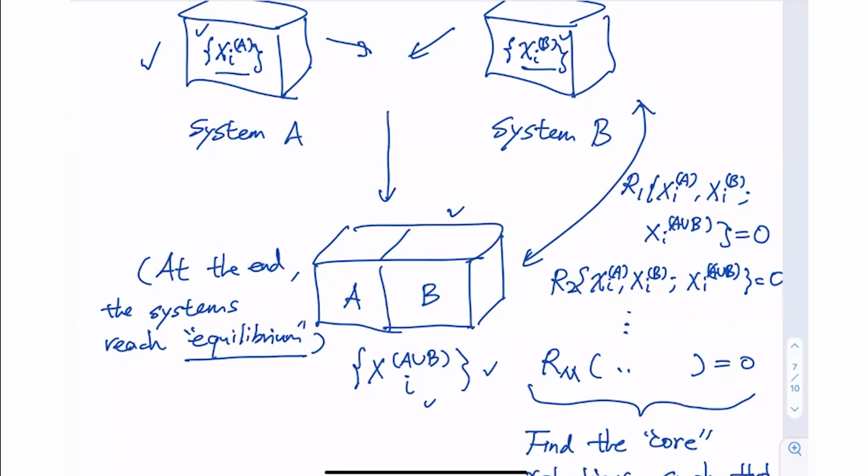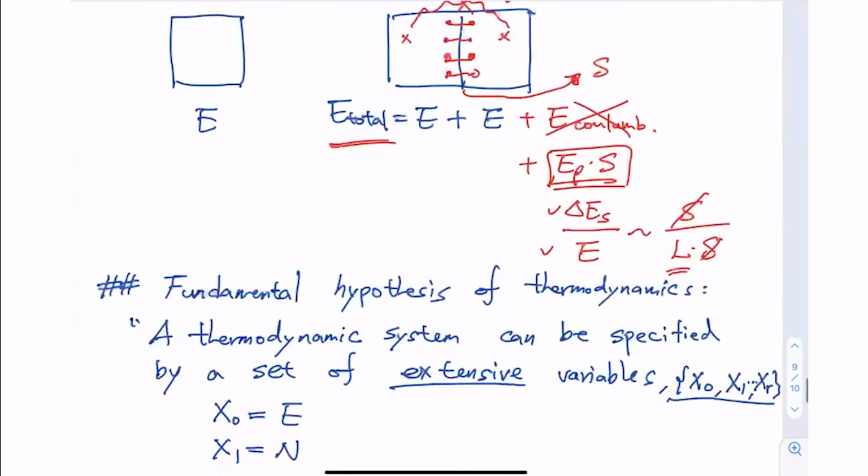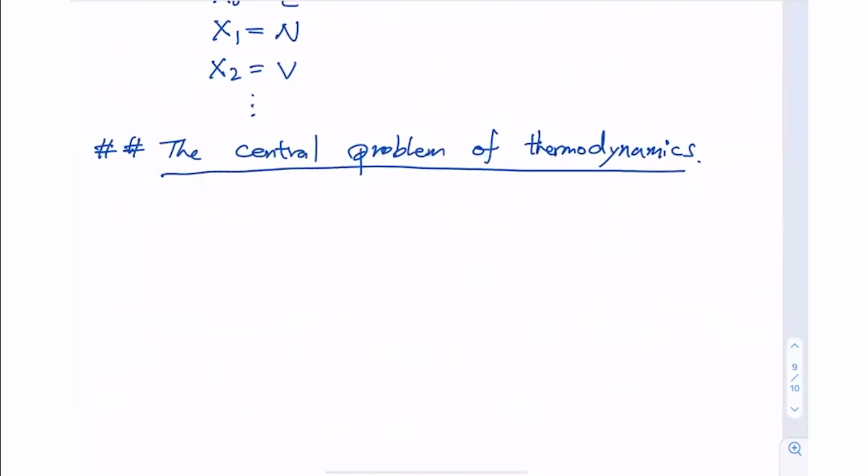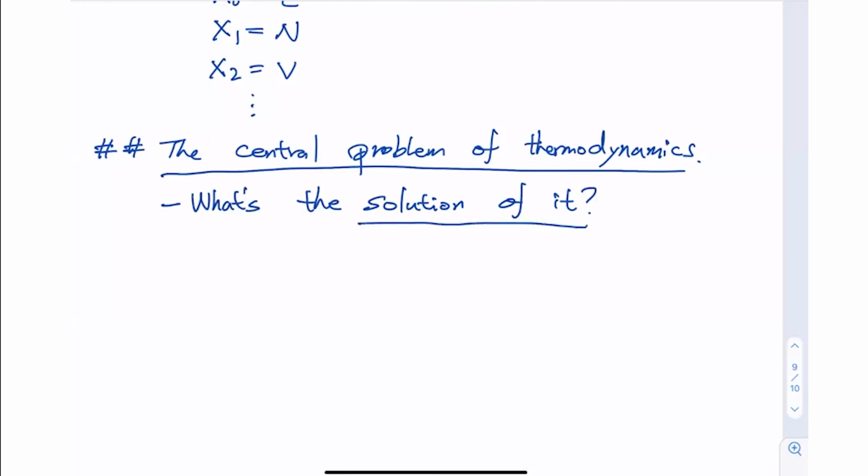Okay, so now we know what the central problem of thermodynamics is, but the question is, what's the solution of that? At this moment, everything is described in a very abstract, axiomatic way. And it turns out that the solution of this central problem is postulated to be the function entropy.